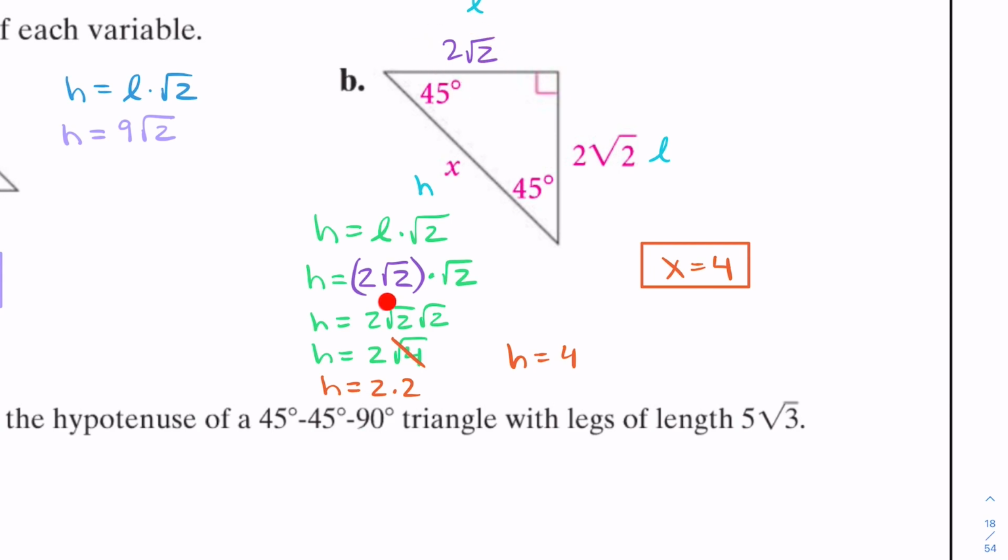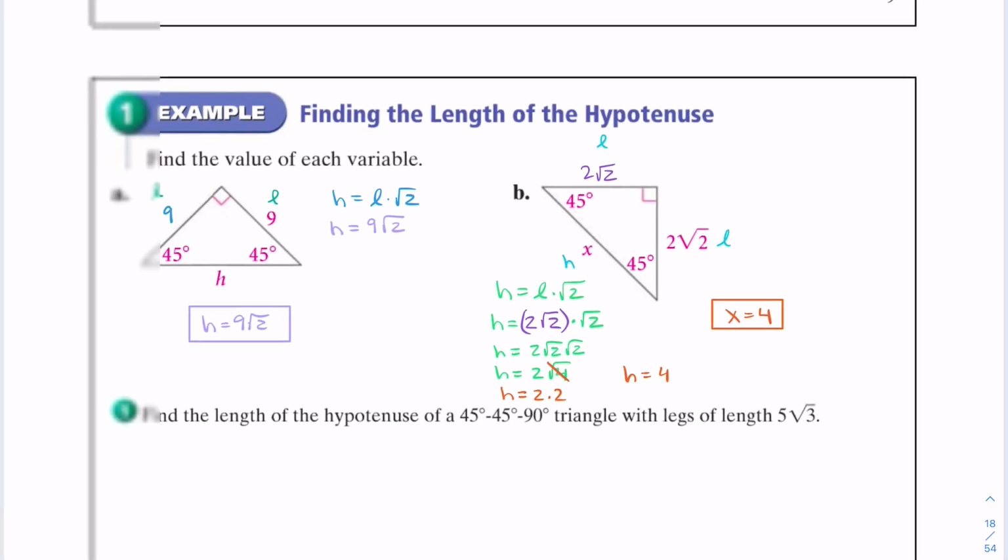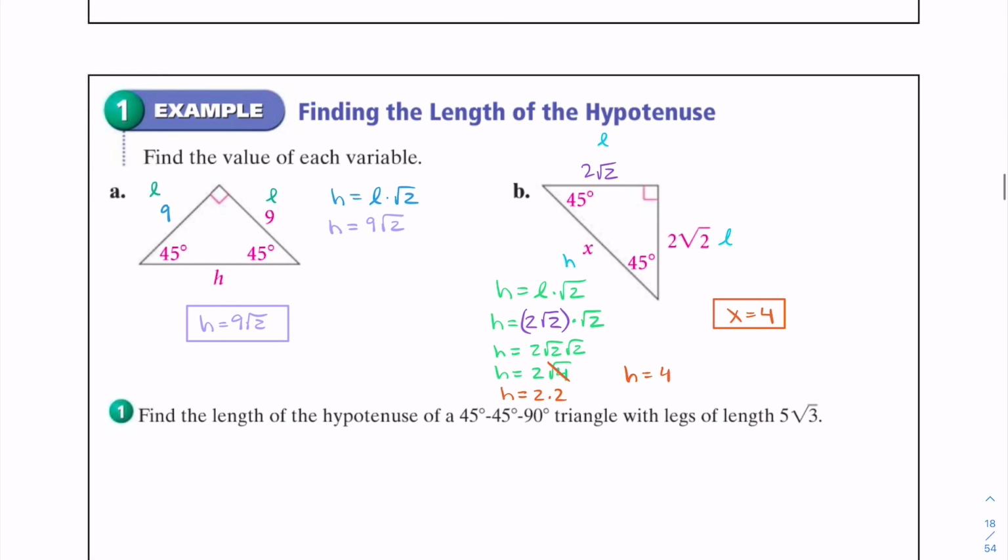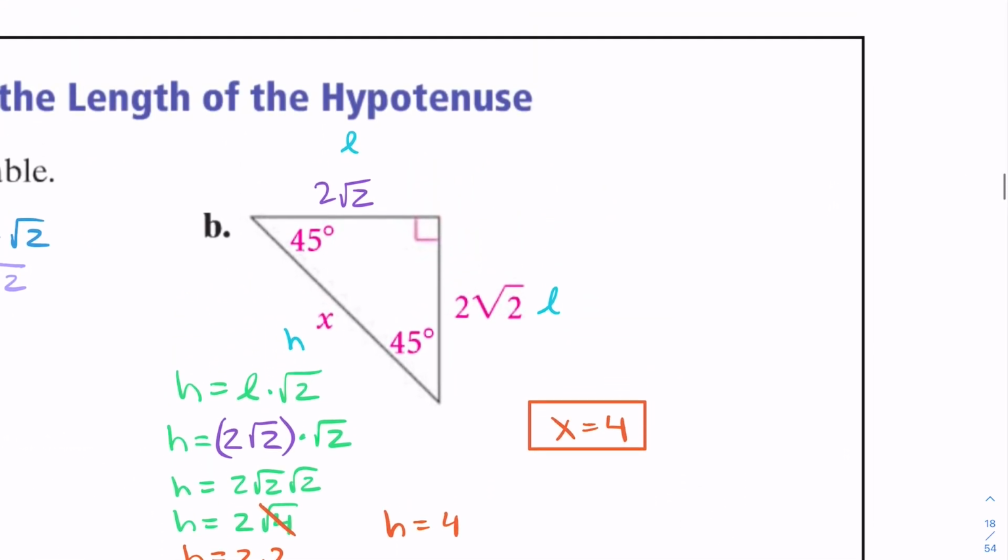Okay, it's a little bit more difficult when it involves radicals. What I could do is I could work backwards from the hypotenuse, which is 4, to find that these are both 2 square roots of 2. Okay, and if you wanted to work backwards, I'll put some work right here.